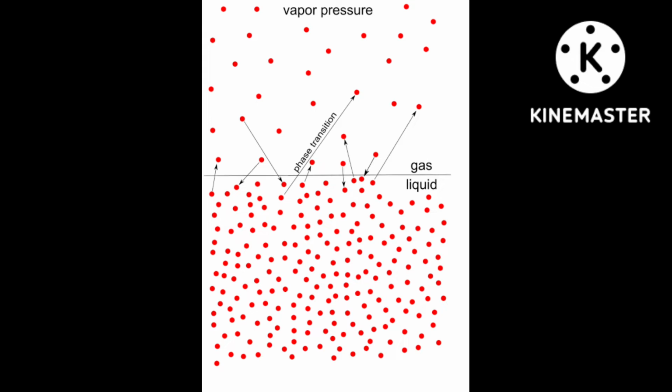And after that I will tell you that in boiling same thing happens. When you boil water, when you are not heating, at that time evaporation will be in the normal way.